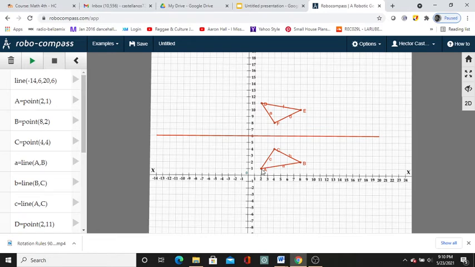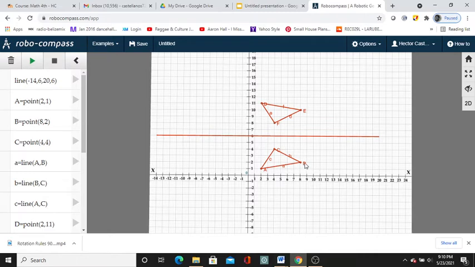So 6 times 2 is 12, take away the y value of A, which is 1, gives us 11. So the point of reflection will be 2 and 11, which is there.